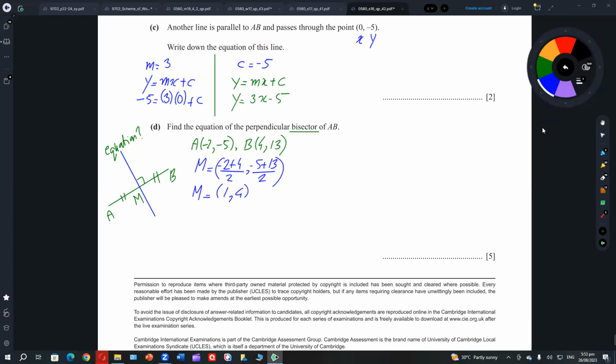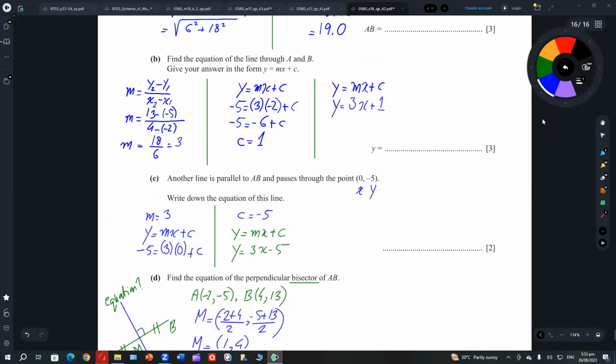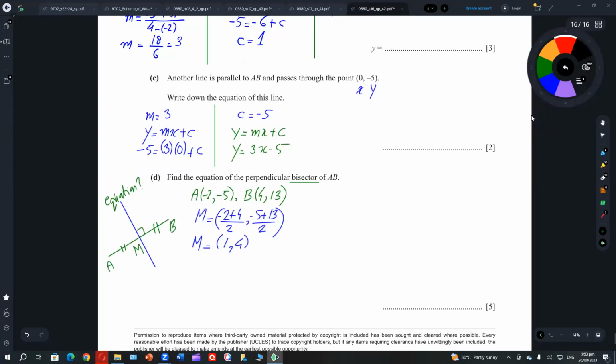So now we find the gradient of AB. We have the gradient of AB, 3. So the gradient of the line would be -1/3. And you need to find the equation.